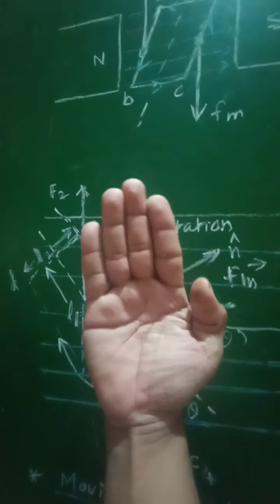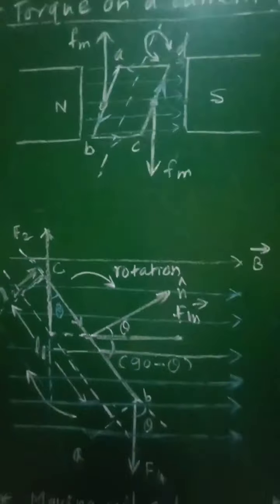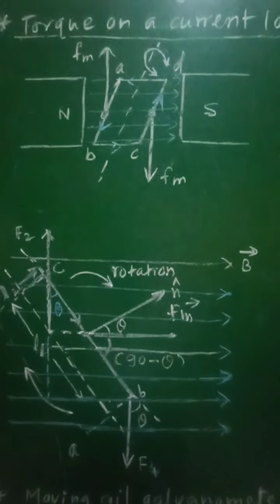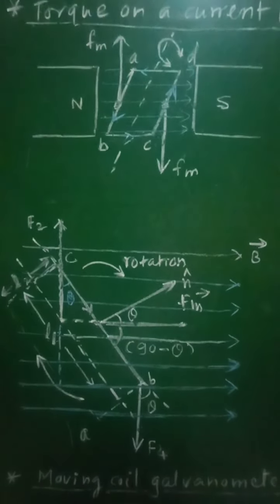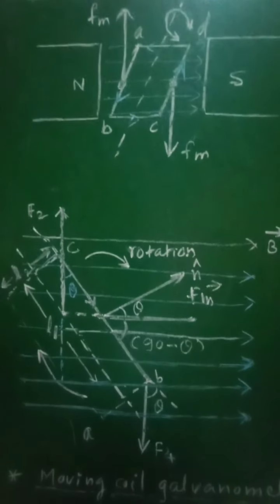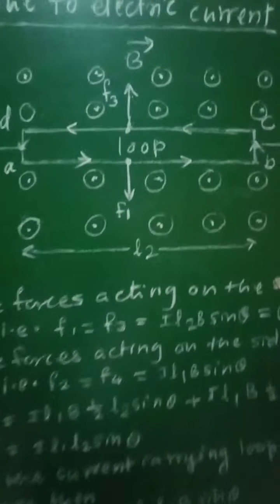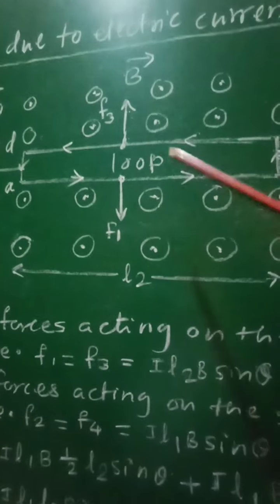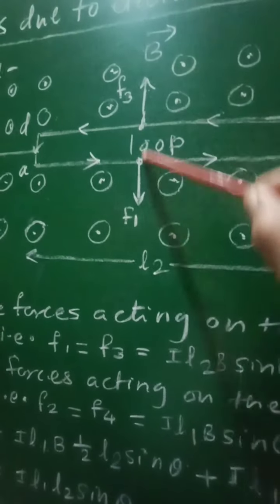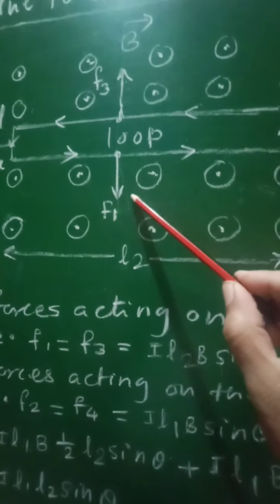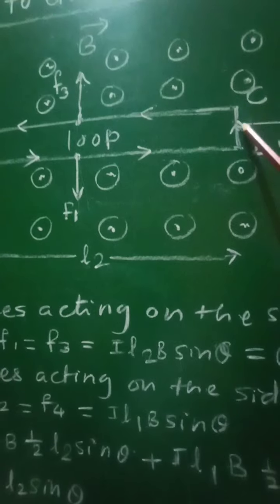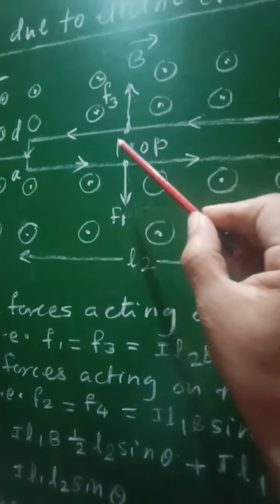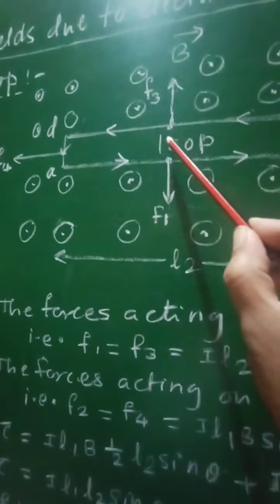Now in this case that coil is rotated, so initially that coil will be like this, then it is rotated, that means along its central axis, about its geometric axis, that coil will get rotated. And therefore if you consider this coil, then when it is deflected, at that time it will rotate about this axis, and therefore if one force is acting here, another force will be here, one force is acting here, another force will be here.